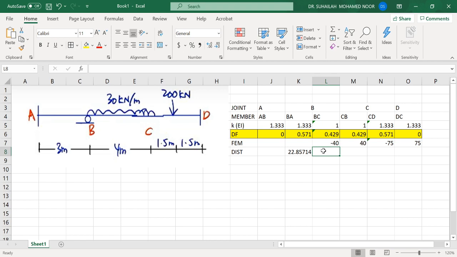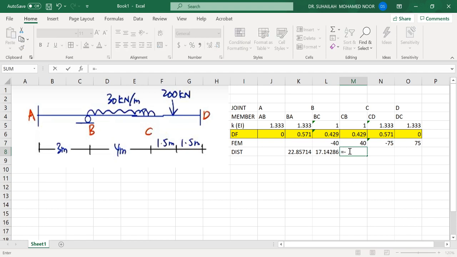We do the same for BC. It is negative for the opposite condition. The total moment is 0 plus negative 40, times the distribution factor 0.429. We will get 17.14. Now we move to the next joint, C. It is negative to represent the opposite condition.